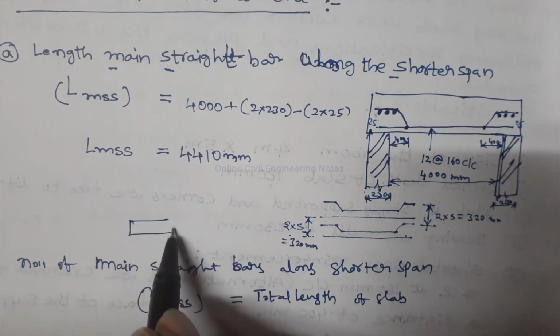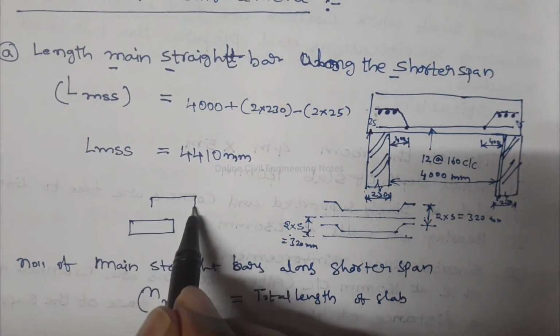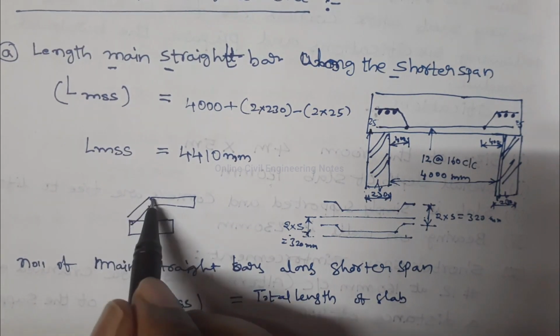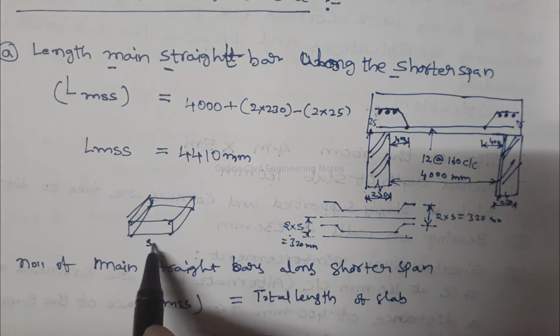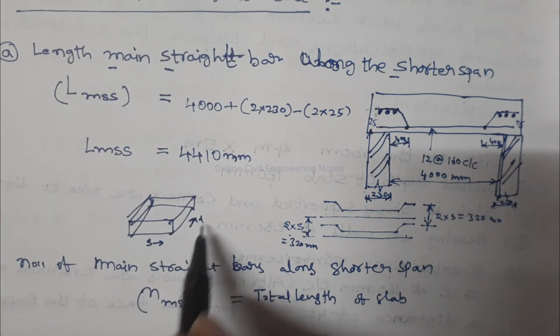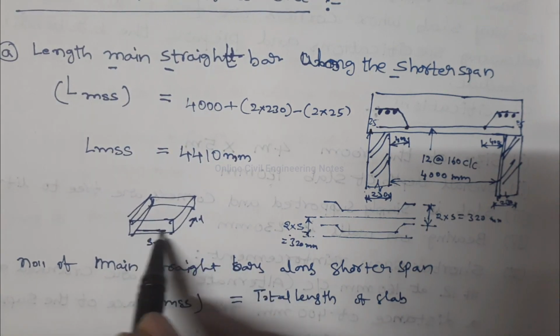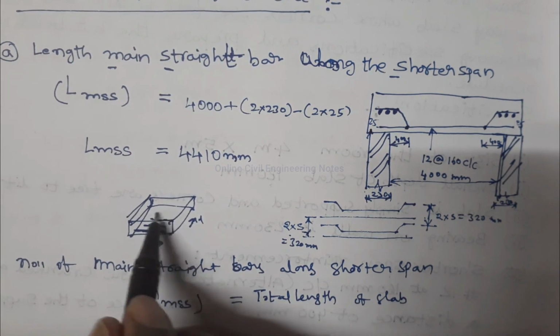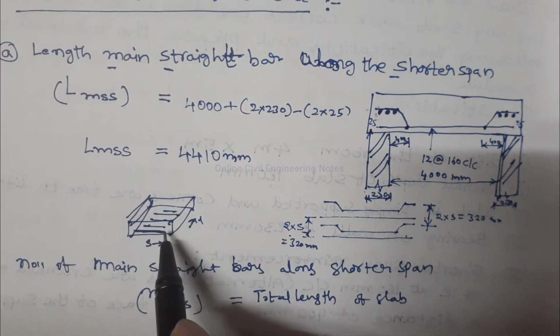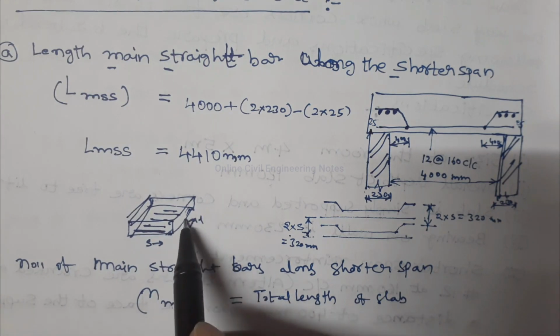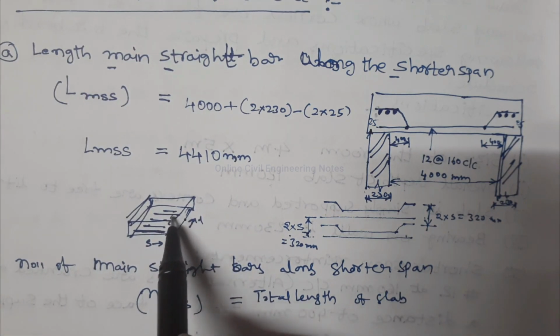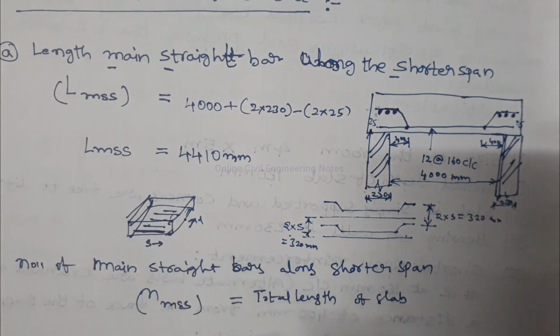See, this is the slab, this is the shorter direction, this is the longer direction. We are providing this straight bar like this, so we have to get the length in the direction to get the number of bars.